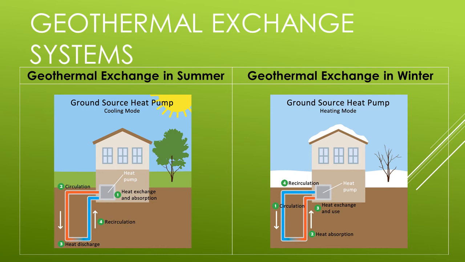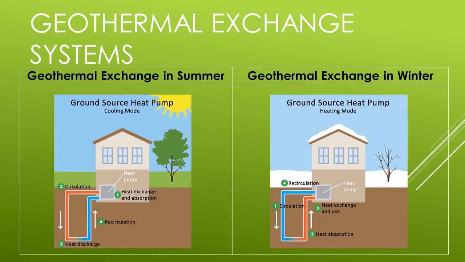But if we think about this, if we have an area of the world where it's hot in the summer and cool in the winter, and by just using the natural constant temperature of the Earth 6 meters below the surface, we could significantly cool a home in the summer or heat a home in the winter, and the only energy that's required is pushing that fluid through the pipes.